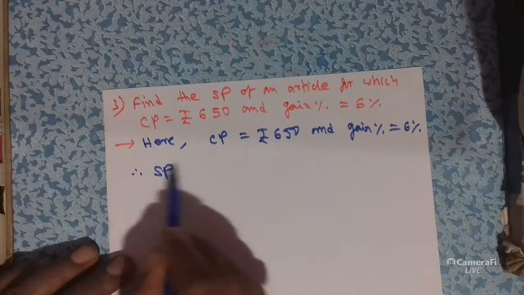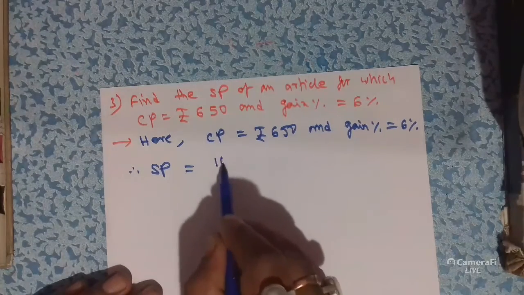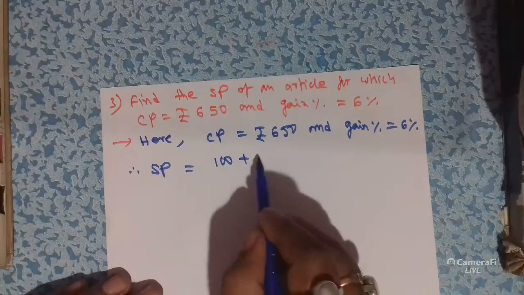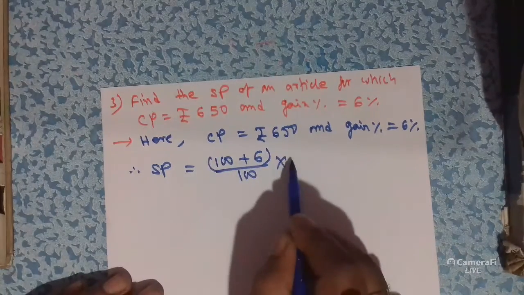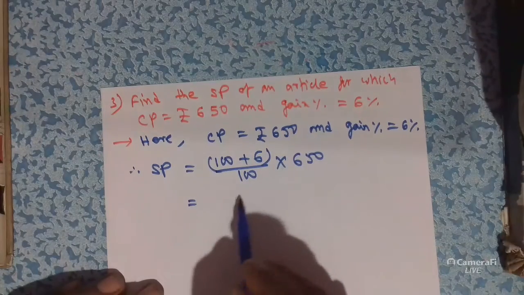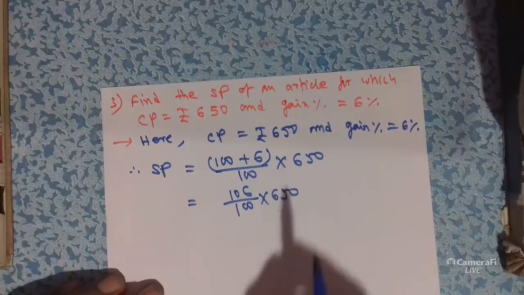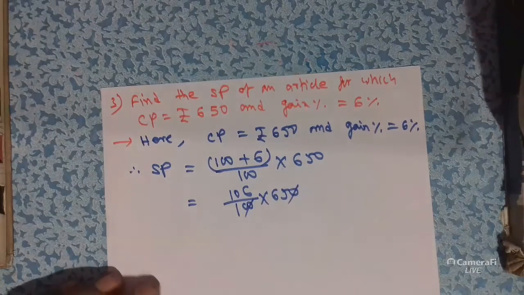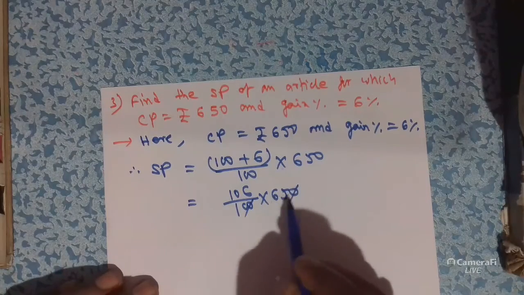So therefore selling price is equal to, what is the formula? 100 plus gain percent by 100 multiply CP. So 100 plus, here gain is 6%, so we have to write 6 by 100 multiply cost price. Cost price is 650. Now calculate it. So it will be 106 by 100 multiply 650. Now by calculating it, we can find the answer.